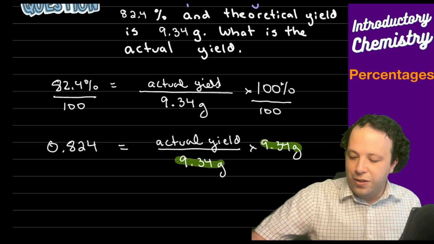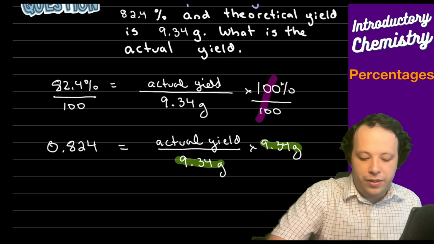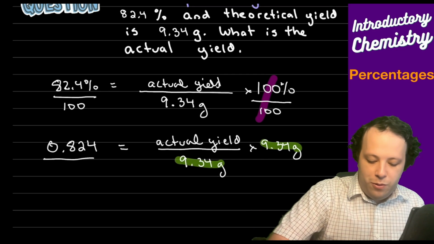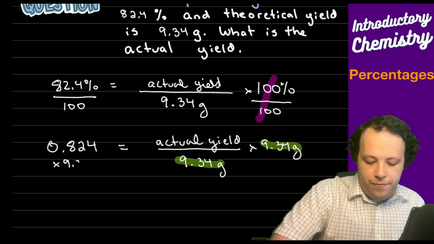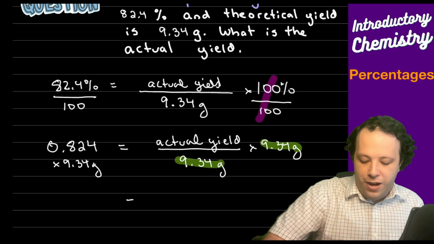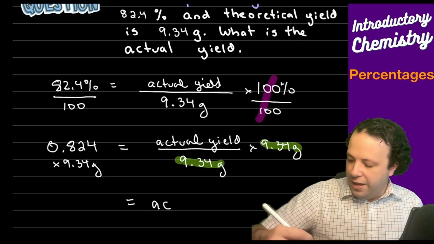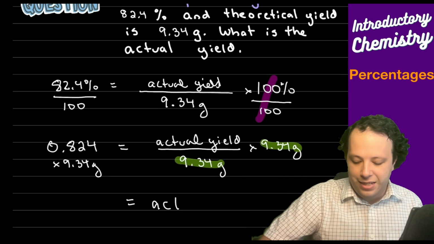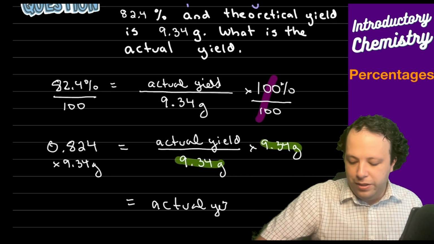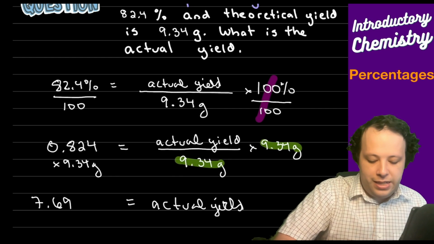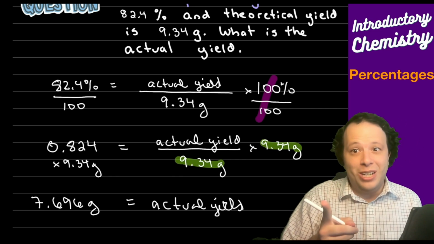That's going to cancel out terms, right? And what we will get is our actual yield, and that is 7.696 grams. Now keep that in mind, write your units.